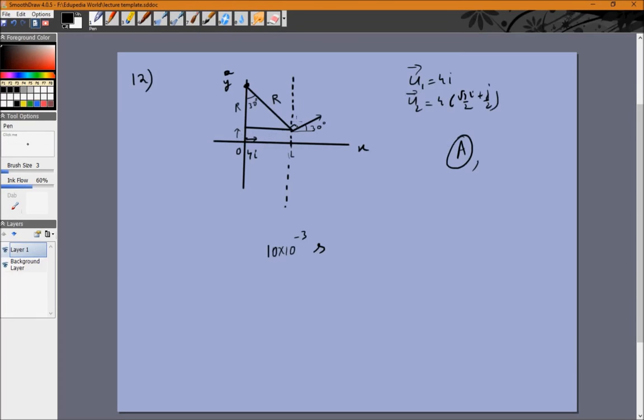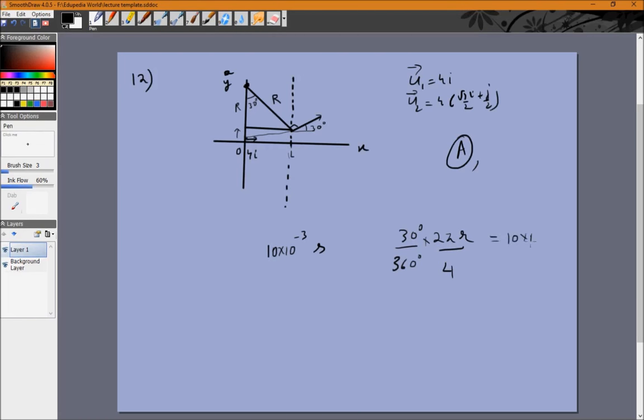So the time it took would actually be 30 degrees by 360 degrees into 2 pi r. This would be the distance traveled divided by the speed. This would be the time, right? The distance traveled like this in a circle will be 30 by 360 times 2 pi r, and dividing that by the speed will give you the time.